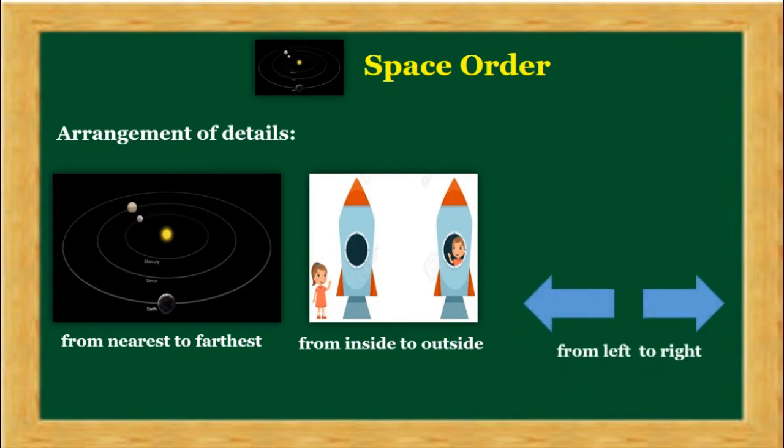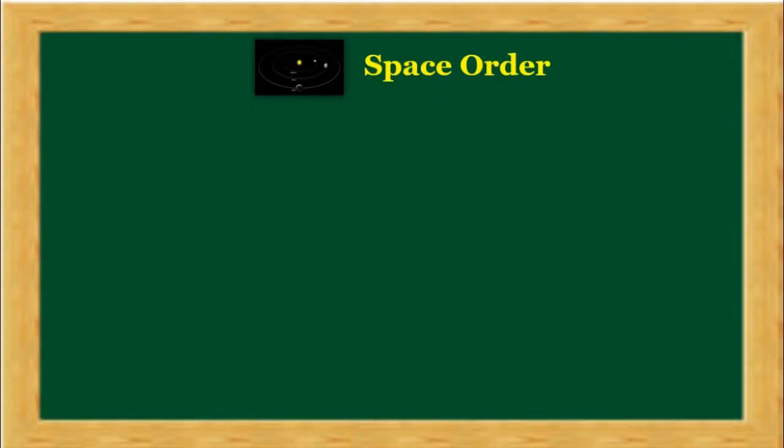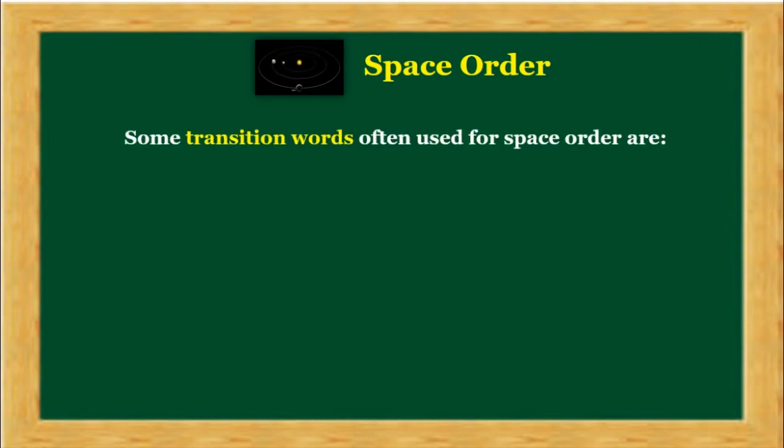Third, from left to right or from right to left. And last, from top to bottom or from bottom to top. Some signal words or phrases to include when using space order are the following.